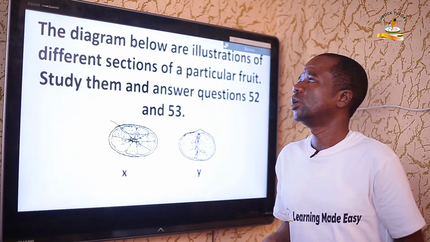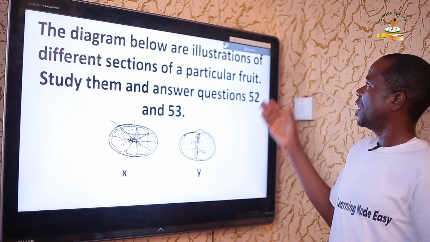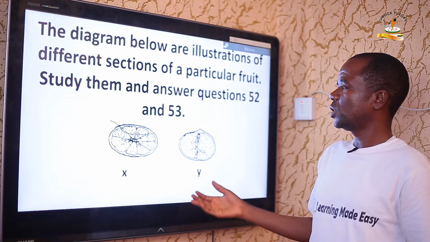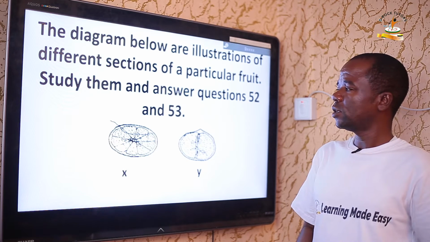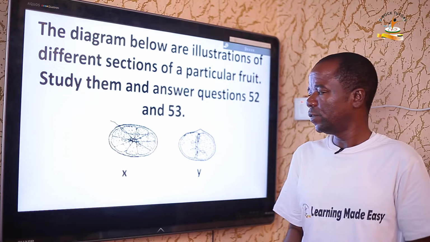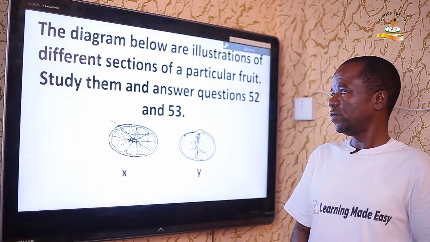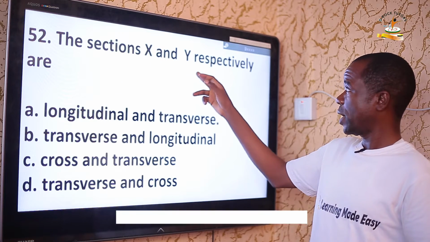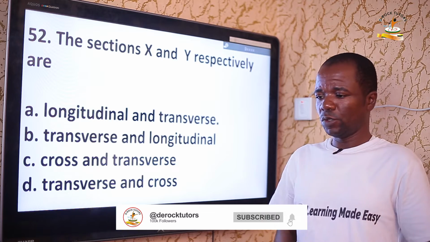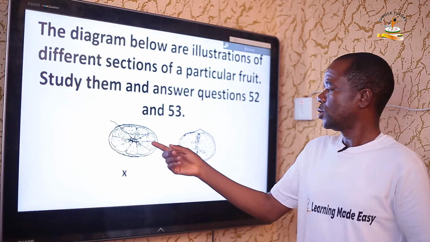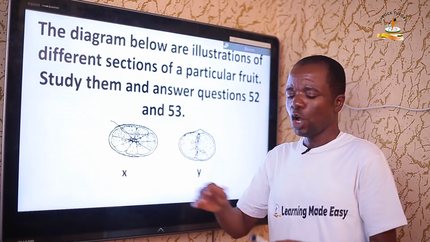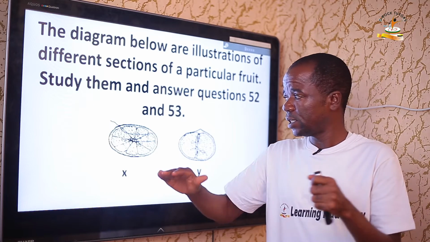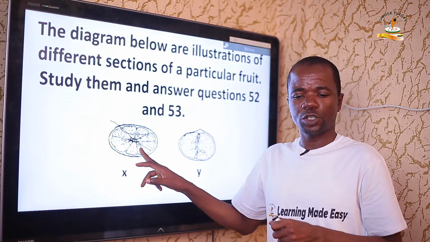Number 52. The diagrams below are illustrations of different sections of a particular fruit. We have to study them and use them to answer questions 52 and 53. Number 52. The sections X and Y respectively are, okay, so this is X. As you can see here, whenever a fruit or substance is cut from left to right like this, it is a transverse section.